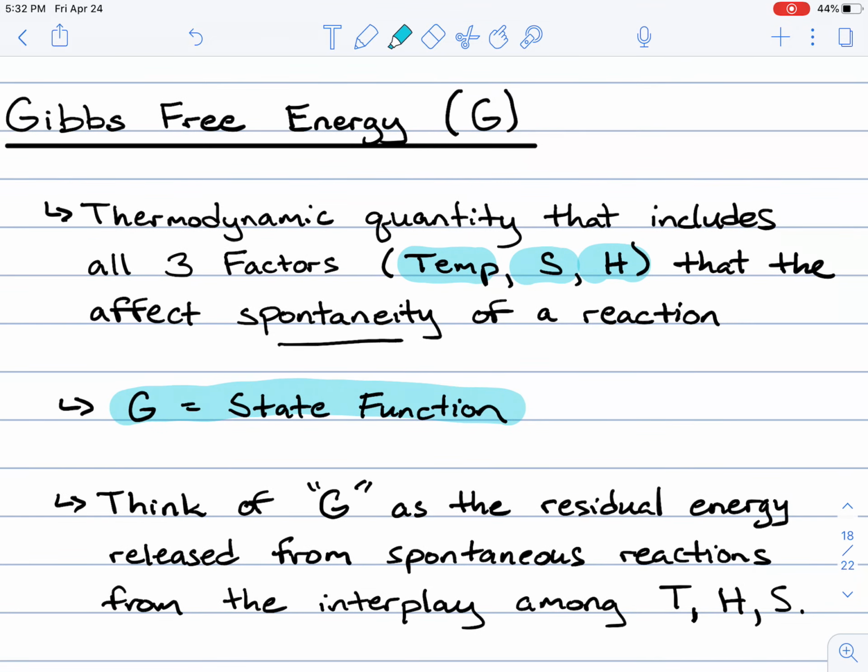Once the interplay between temperature, enthalpy, and entropy is all put together, the residual energy, the excess energy that's being produced, is going to be the Gibbs free energy. And so it's really important for us to understand that this residual energy comes from the interplay among temperature, enthalpy, and entropy.